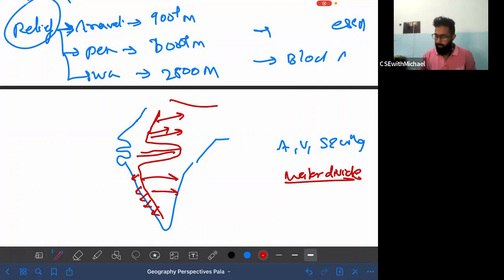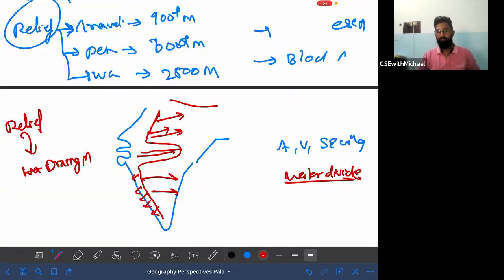So wherever relief, the reflection in the relief is best reflected in the drainage pattern. Drainage will mostly be consequent in nature, in the direction of the slope and its gradient.